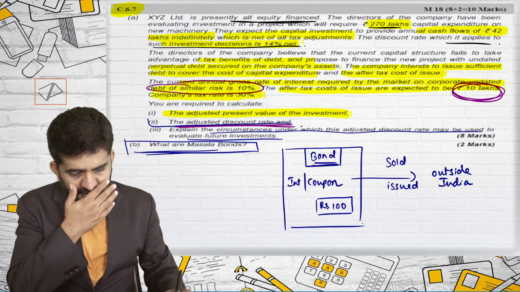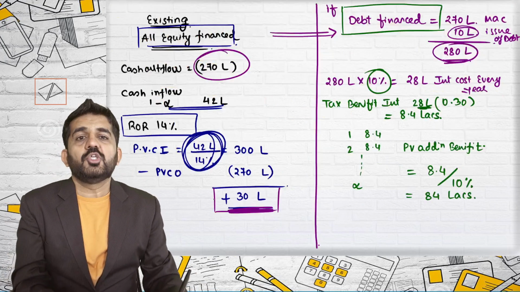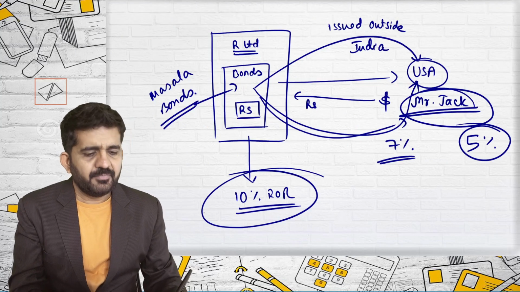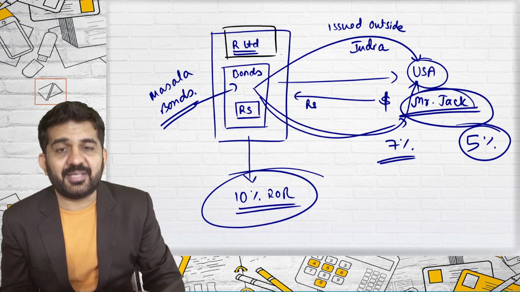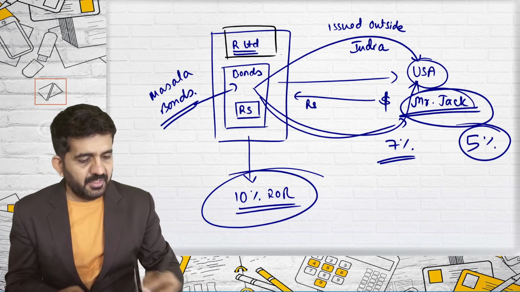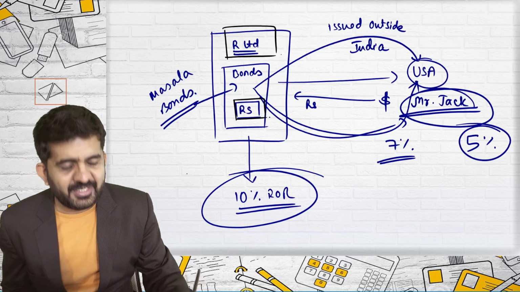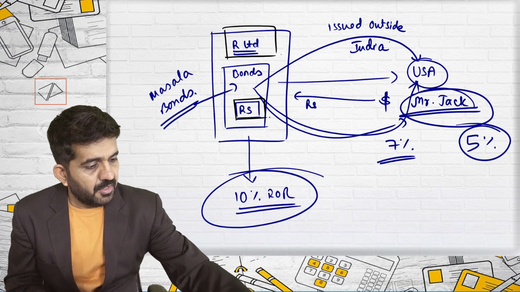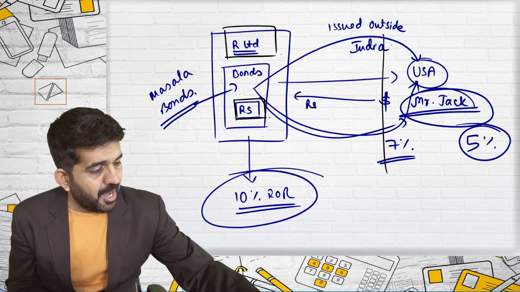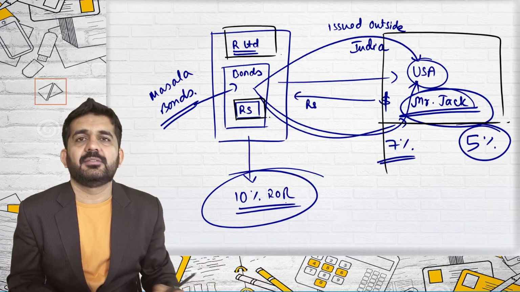The next question in this is masala bond. So what are masala bonds? Try to concentrate. Masala bonds are bonds issued by Indian companies, say Reliance Limited, which are denominated in Indian currency, that is rupees, but which are issued outside India.